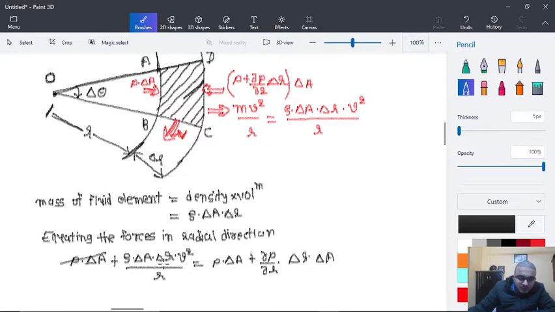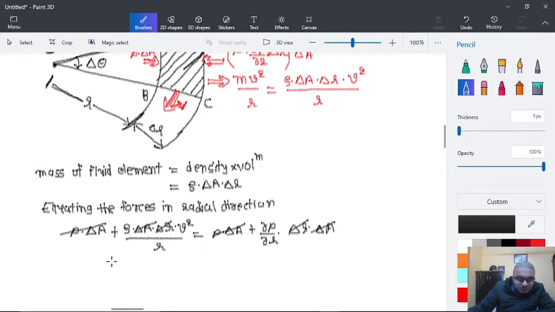So here we can cancel P delta A, then we can cancel delta A into delta R. So we are left with del P over del R is equal to rho V square upon R. That is the change in pressure in radial direction.